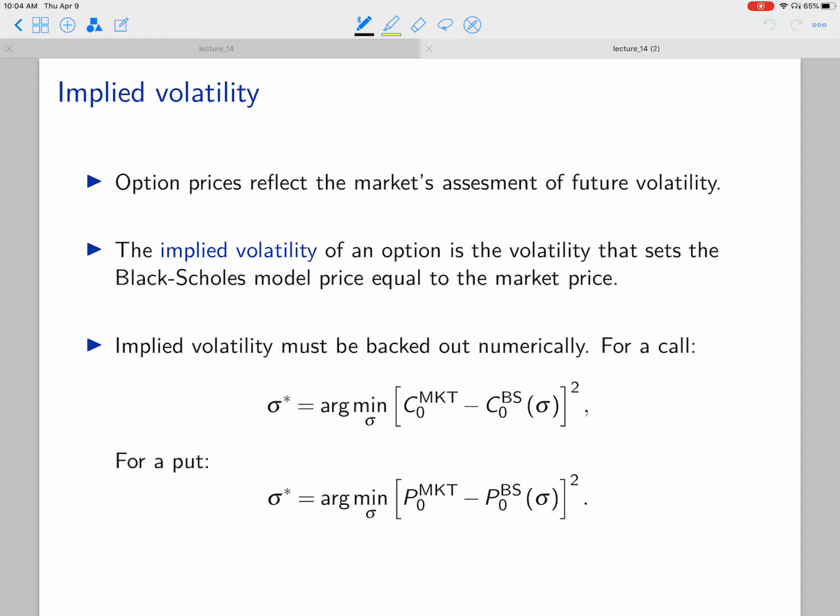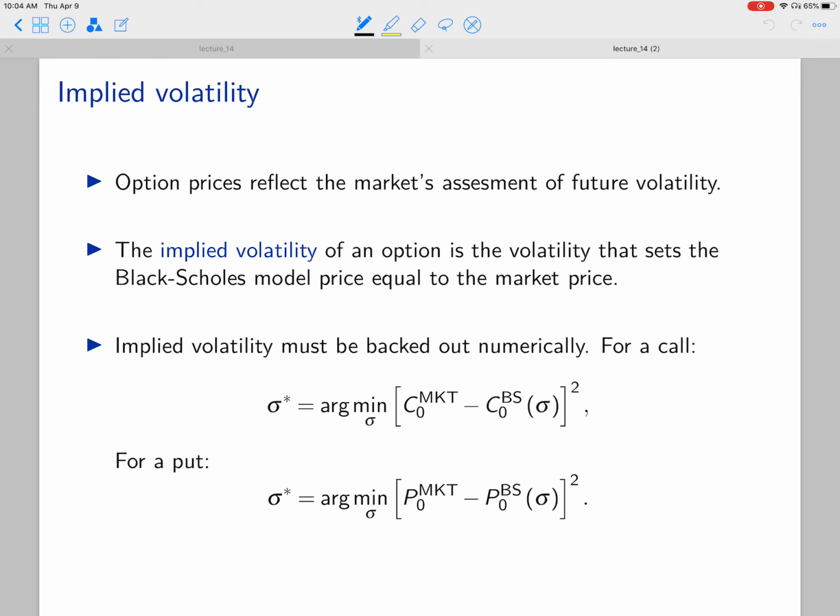For example, if you think volatility is going to be higher in the near future than what the market is assessing, then you should go long options because the options that are being traded are cheap relative to what they should be priced in your opinion.